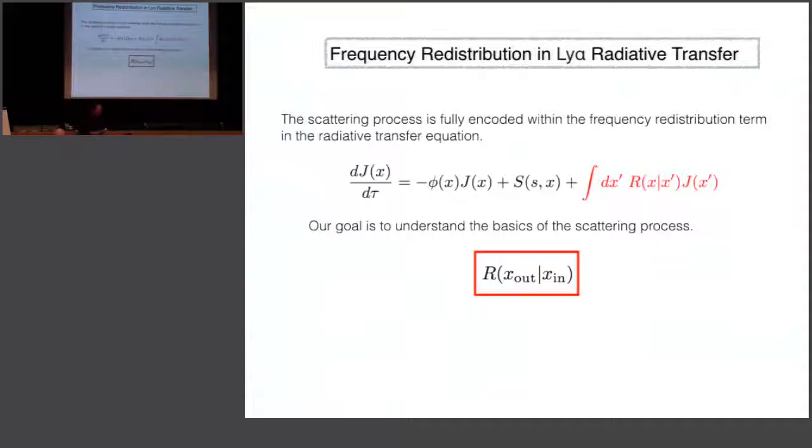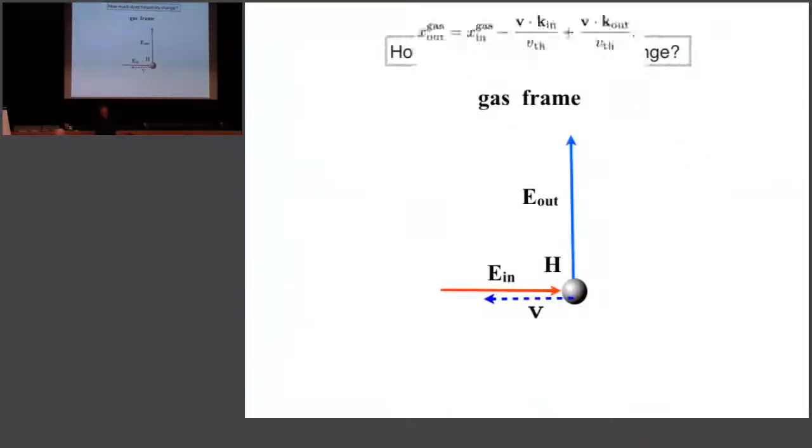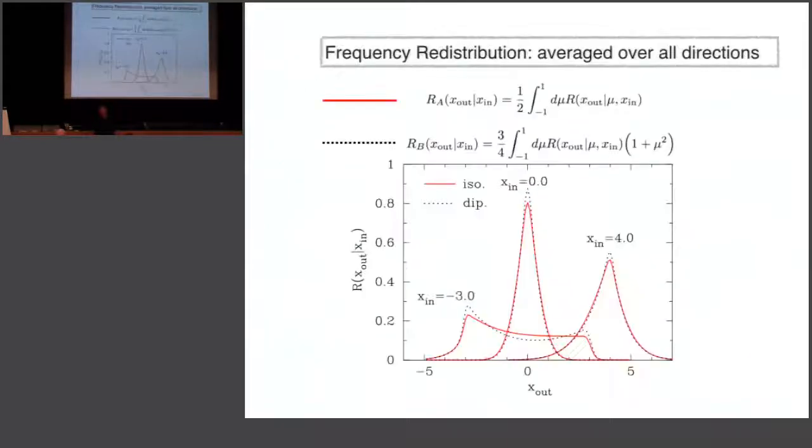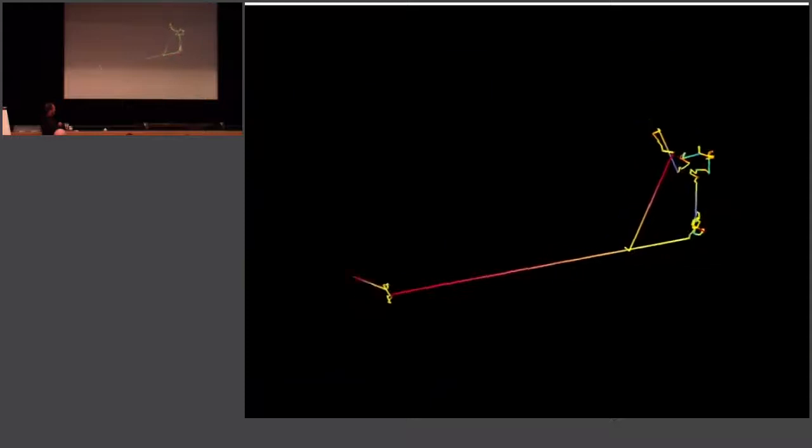Which is good because you no longer have an integro-differential equation, but a diffusion equation. And it's not strange that this process is described by diffusion, because if you look at this movie again, you can see that Lyman-alpha transfer is kind of like a diffusion process in which a Lyman-alpha photon just randomly bounces around.